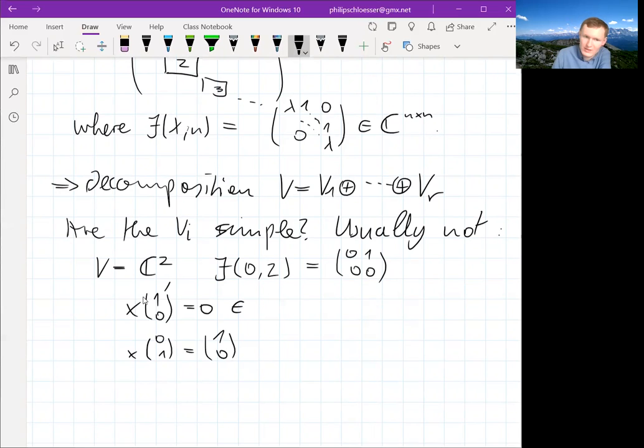This thing is still in the span of (1,0). So this means that the span of (1,0) is an R-submodule.